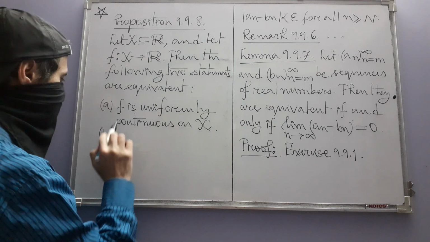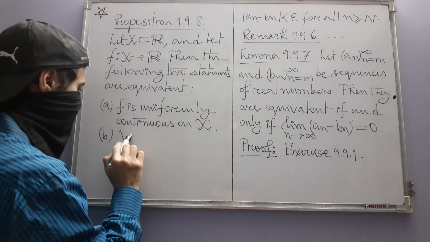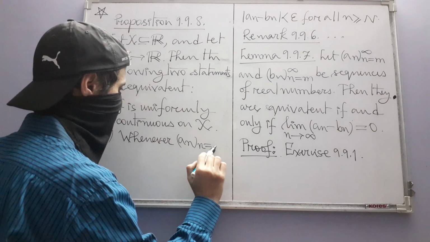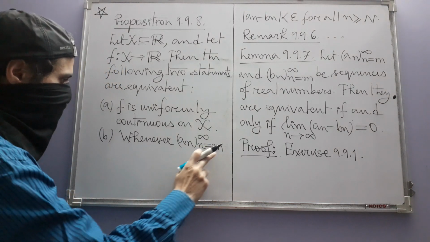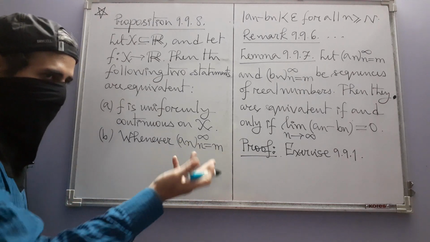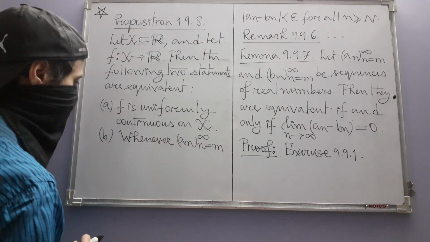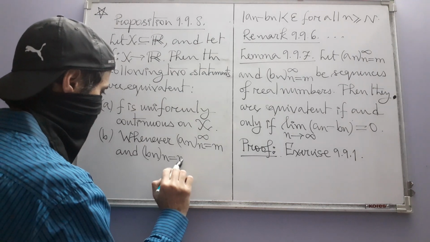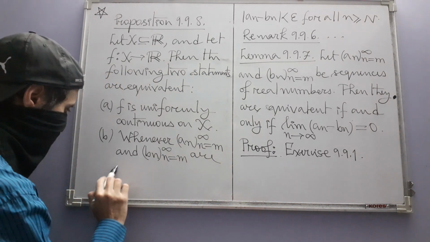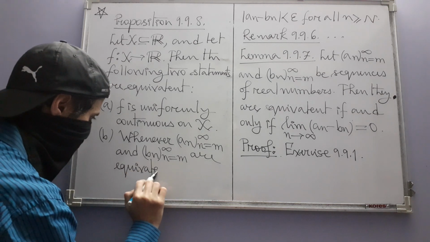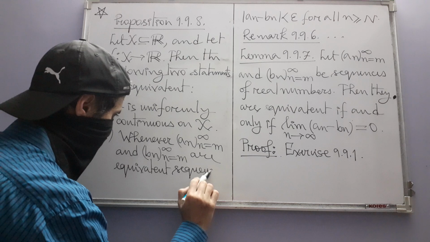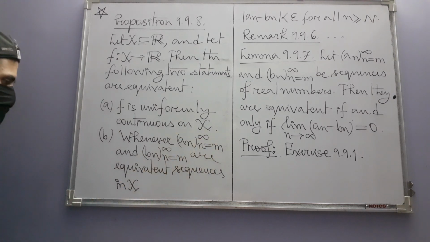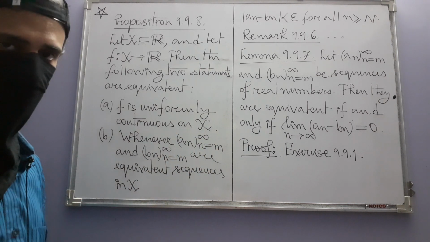And the second statement is this: whenever a_n, the author may have chosen 0 or 1 here, ultimately it does not matter, let me just write n, and b_n are equivalent sequences in X. That means the sequences have terms which are elements in X and they are equivalent.